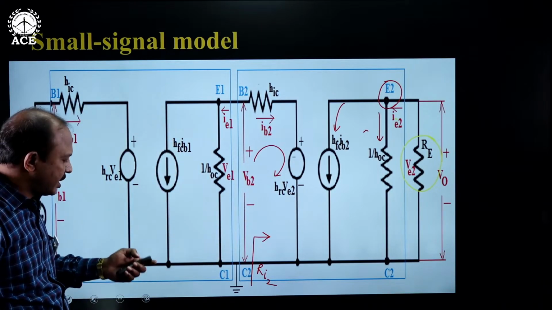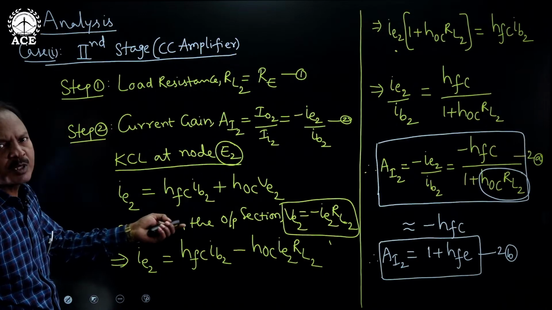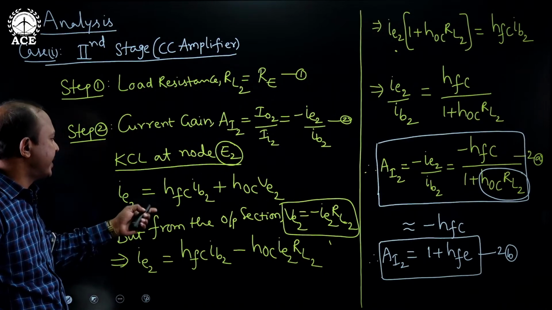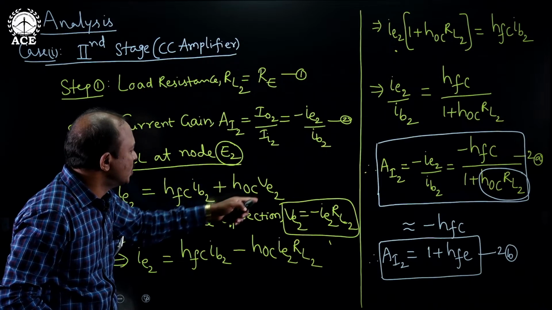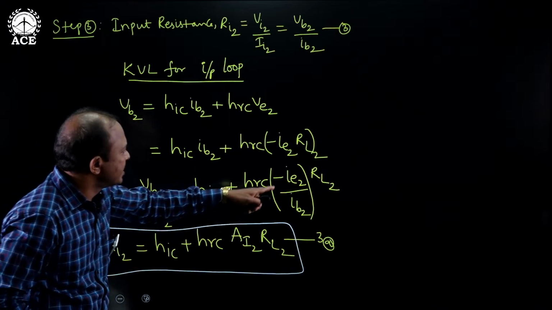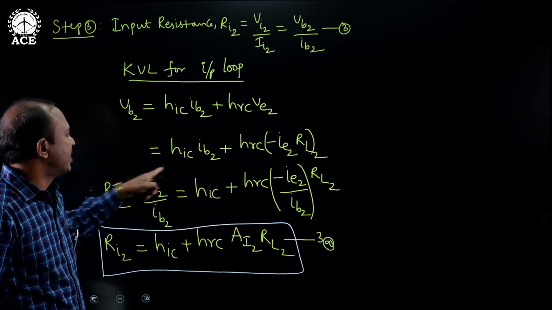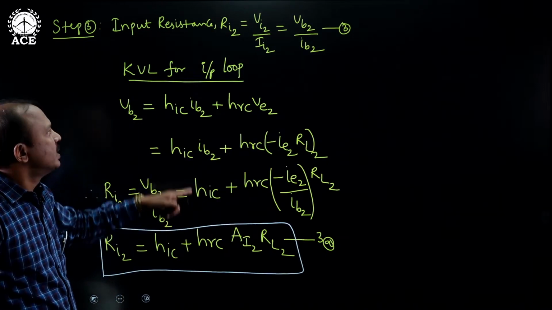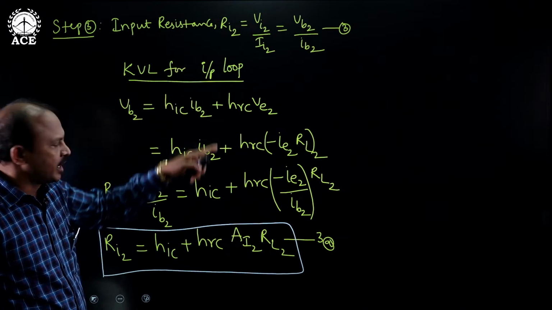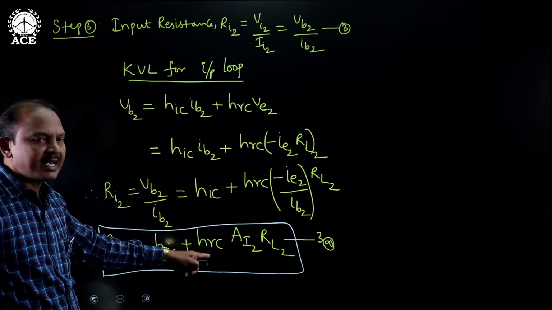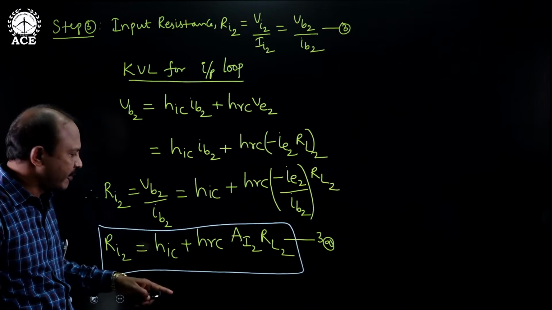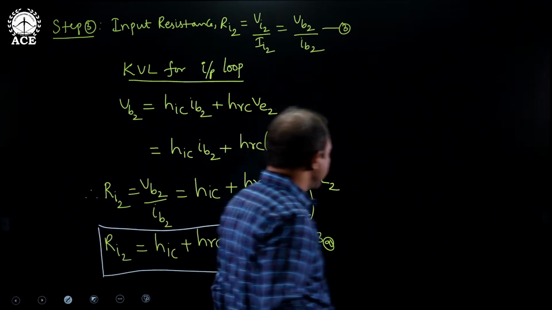That is the equation I got. And in that equation some simple mathematical manipulations I have made, where I have replaced this VE2 with minus IE2 RL2. Then I have divided the total equation with IB2. That gives us Ri2 equal to HIC plus HRC AI2 RL2. However, we can go for some approximations here.